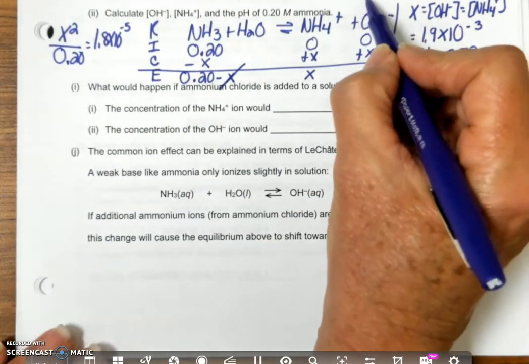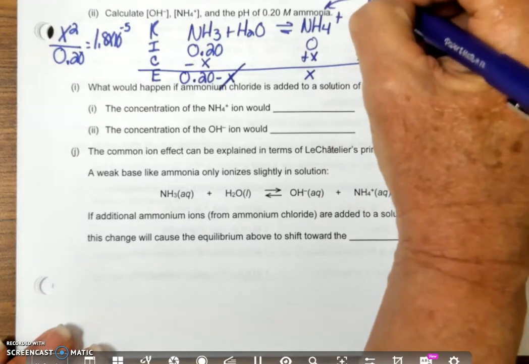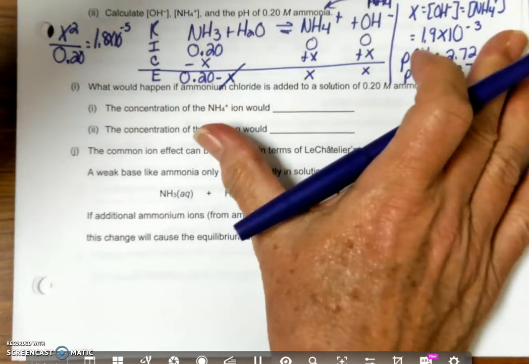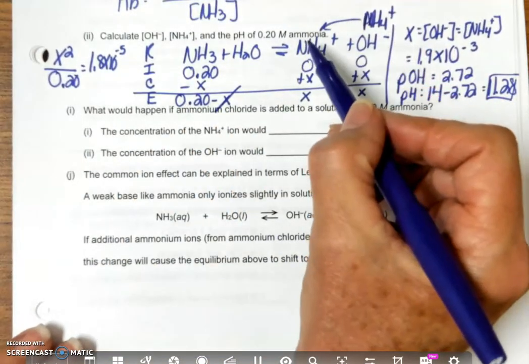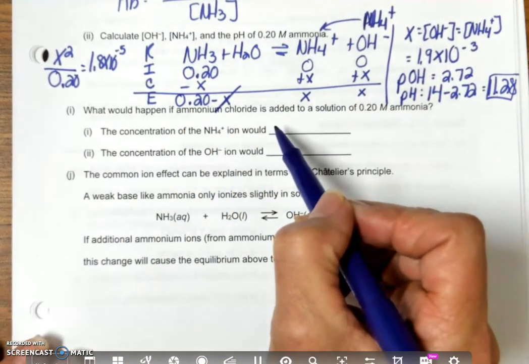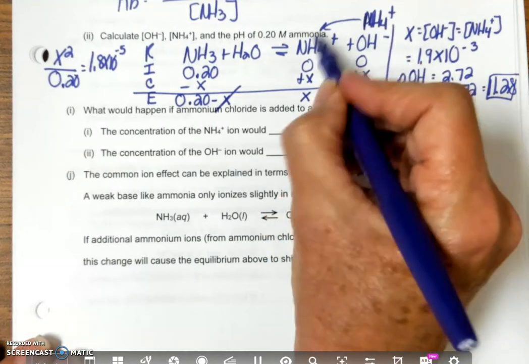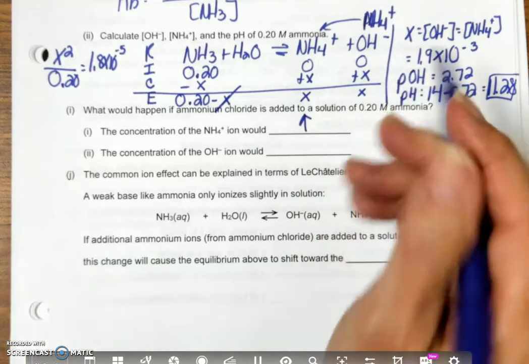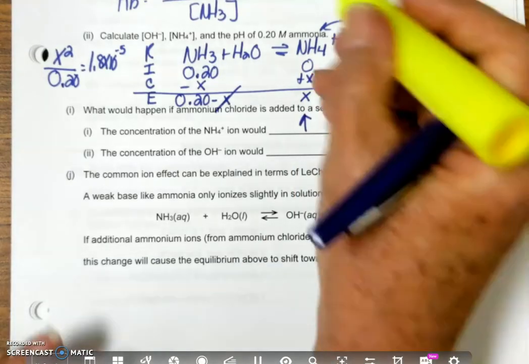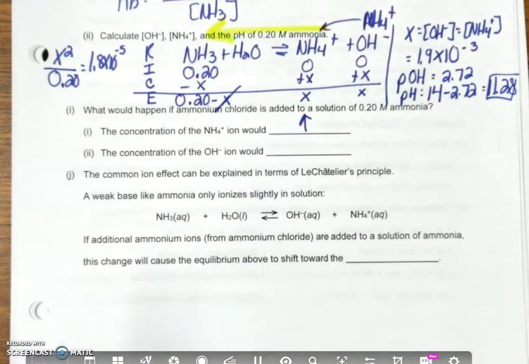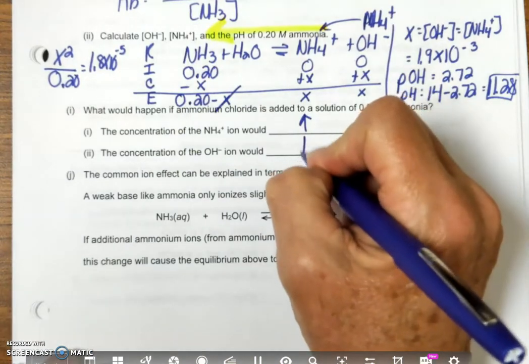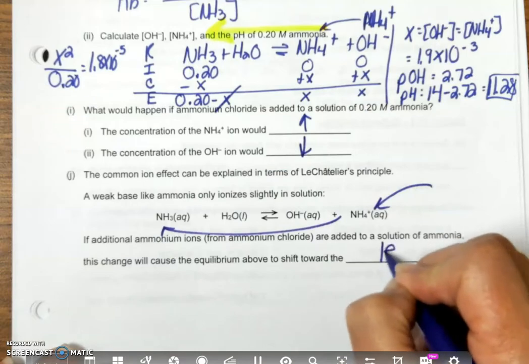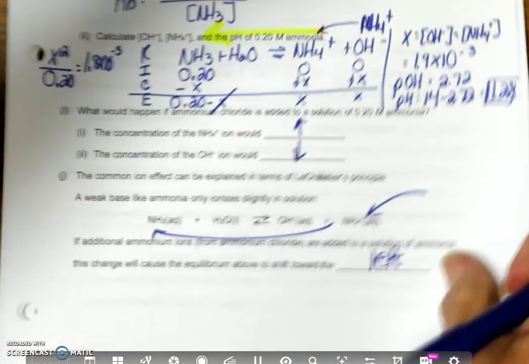So if I add NH4 plus here, what's going to happen to this concentration? Well, it's going to go up just because I'm adding it. But what's going to happen to that? It's going to go down because I'm shifting my equilibrium in that direction. So this one's going to go down. I add this, shift the equilibrium to the left.